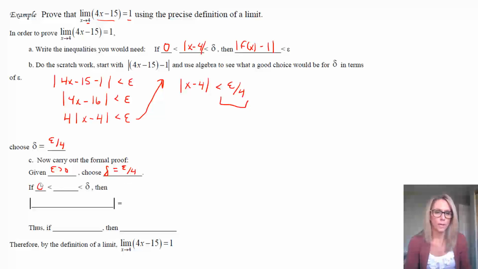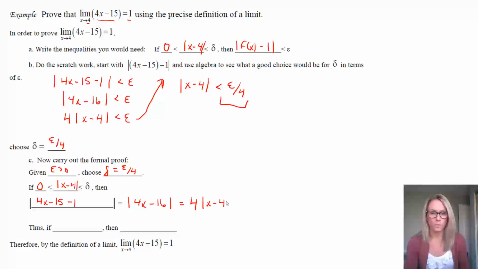So what this tells us is as long as the difference between x and 4 is less than delta, then we just work backwards from what we've already seen. The scratch work is just to figure out what you need. And then of course it just comes back, right? It helps you. So this is really the key step here. We do a few steps of algebra.